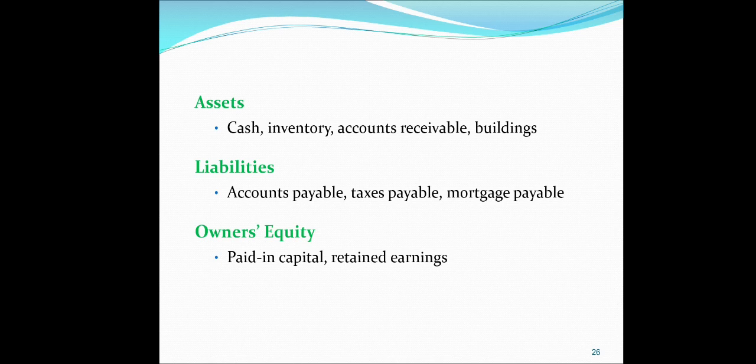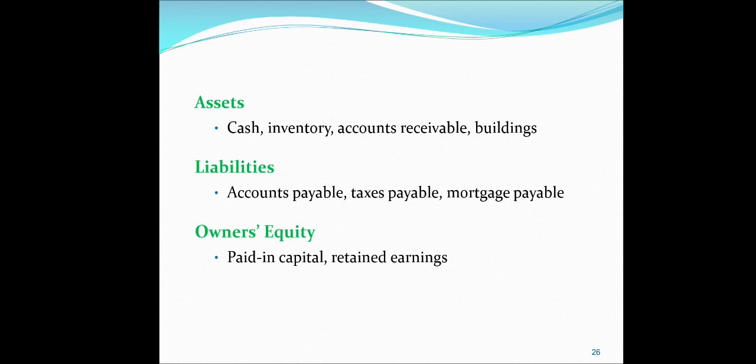So if you have a business, there are several things that you have to pay in the future. Let's see. The first example here is accounts payable. The second example is tax payable. The third example is bank loan. So always remember, a liability is something that a business has to pay in the future, or it is an obligation for the business.